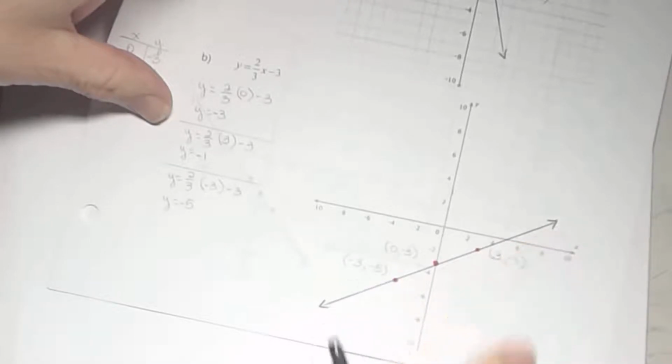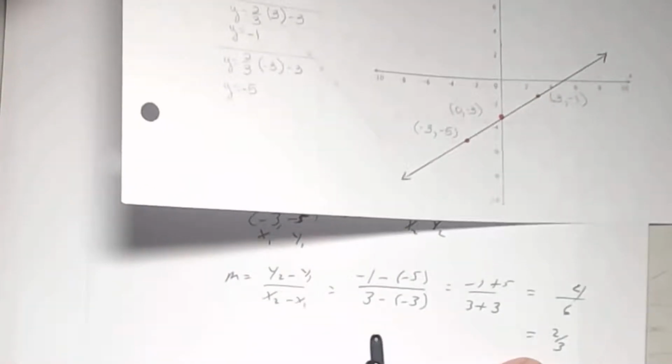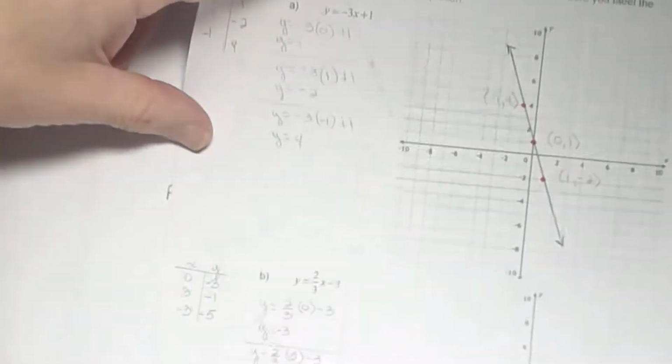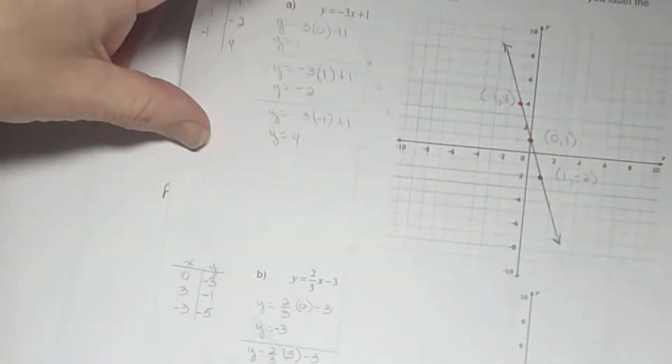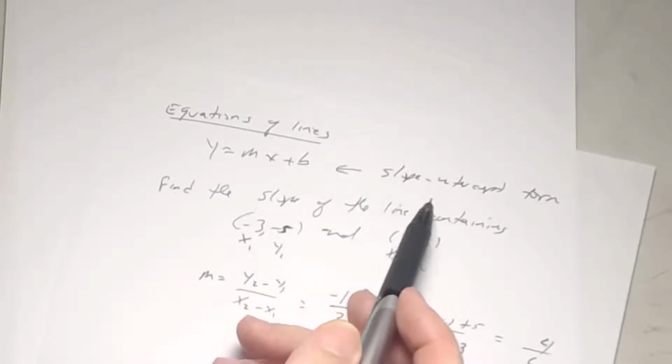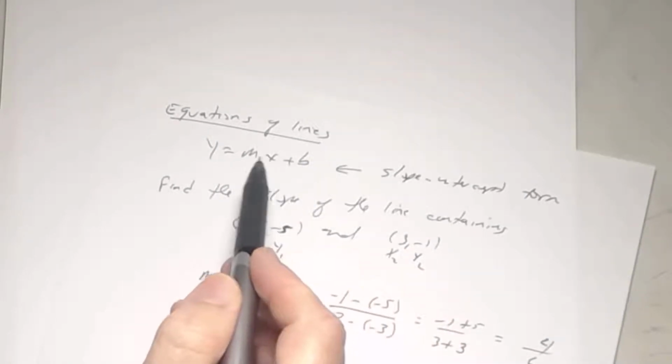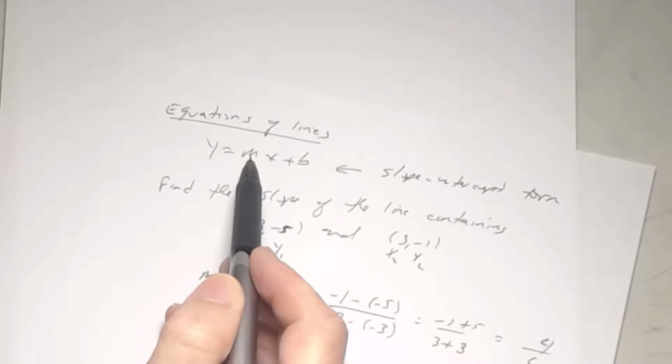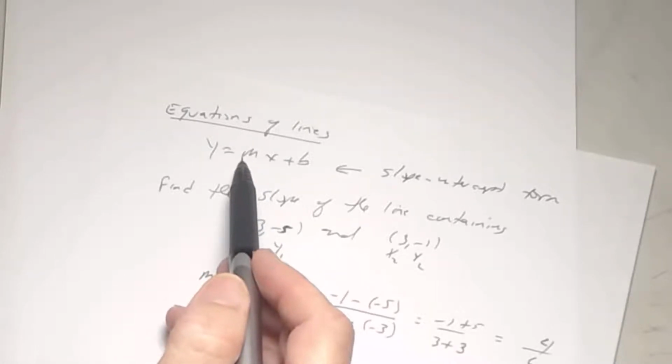Now, see this 2/3? Do you see 2/3 anywhere in this equation? Yes. Is the coefficient of which letter? X. So when we talk about y equals mx plus b, the slope-intercept form, that's why we label this coefficient m, because this number that you multiply x by is the slope.